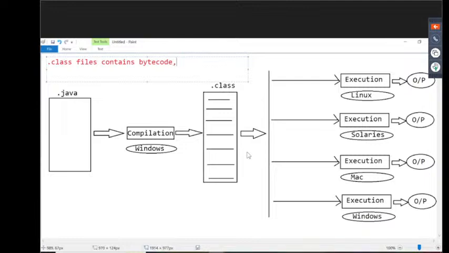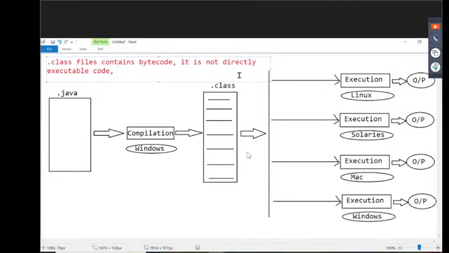Okay, fine. What is the nature of the bytecode? Please remember this point. A dot class file contains bytecode. What is the nature of the bytecode? Observe carefully. It is not directly executable code.